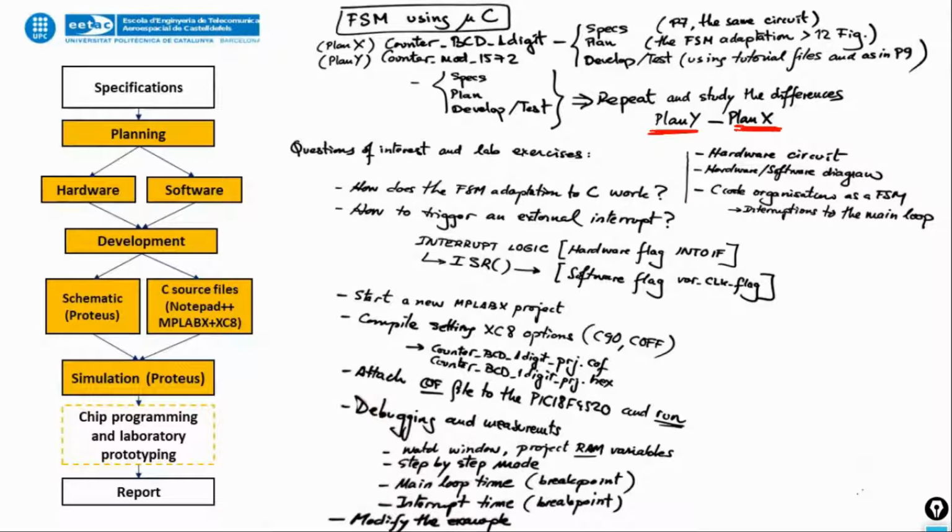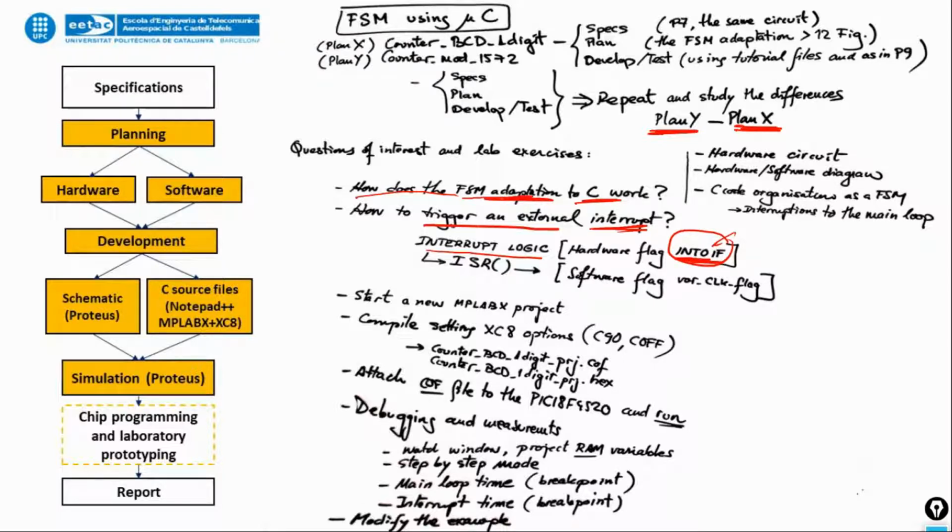So through this tutorial we will solve a lot of questions, okay? For example, how does this finite state adaptation to C works? Then another important issue here is how to trigger external interrupts. What kind of interrupt logic the microcontroller has. So how this flag, the external interrupt 0 flag is settled.